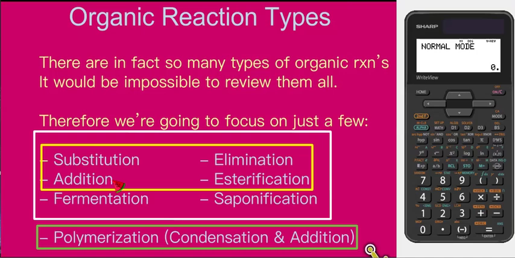Remember with addition, the reason why the reaction looks like there are many, it's because when you do addition, it can be addition of hydrogen, then you call it hydrogenation. Elimination, when you eliminate hydrogen, you call it dehydrogenation. In addition, you can add water, you call it hydration. But when you eliminate water, you call it dehydration. Now, in addition, you can have addition of halogens.